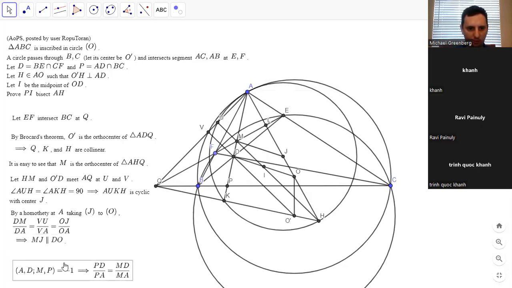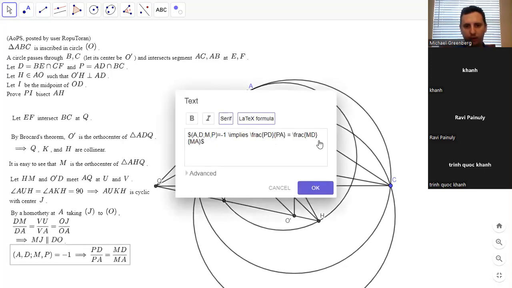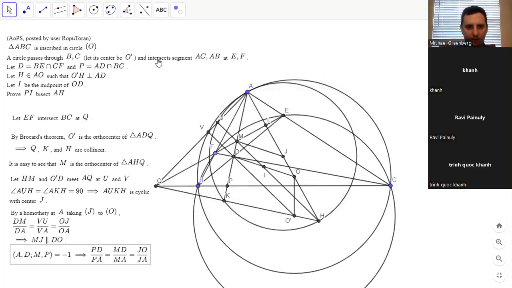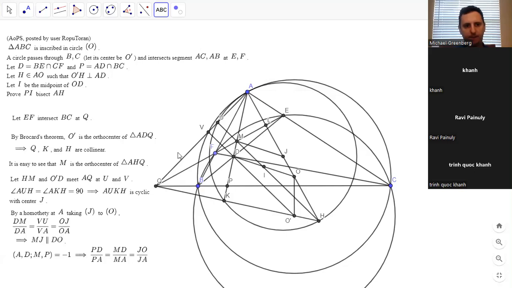And MD over MA is equal to JO over JA. So that means that, let I be the midpoint of OB.